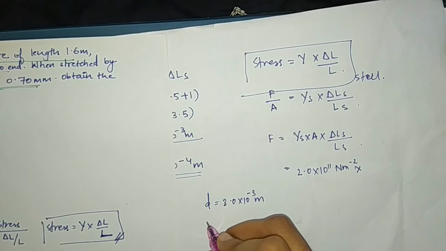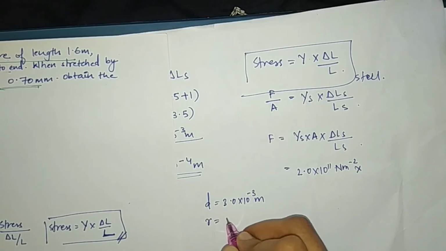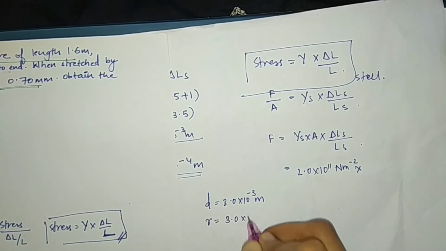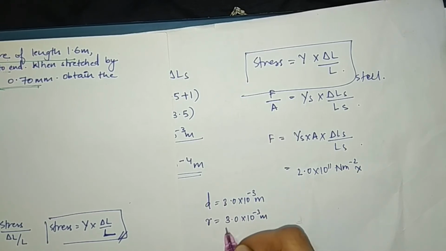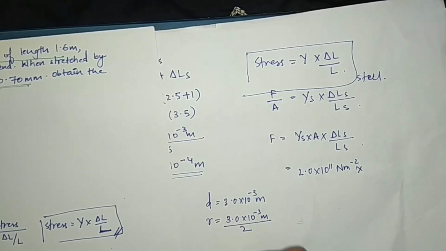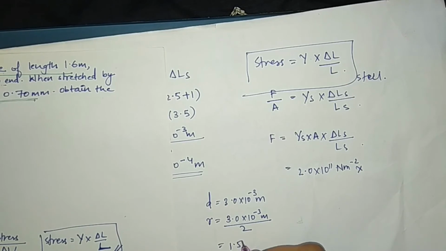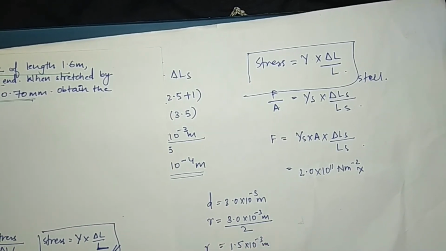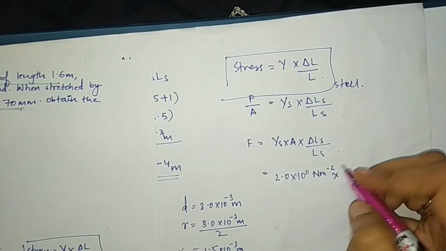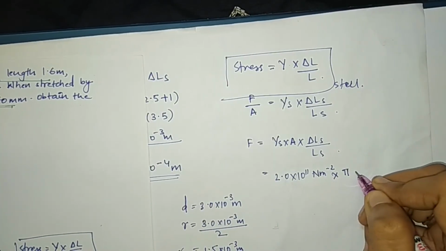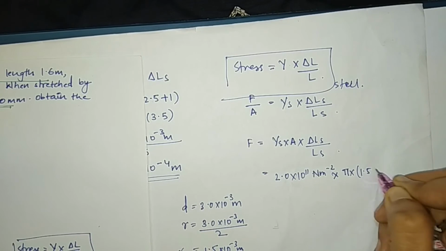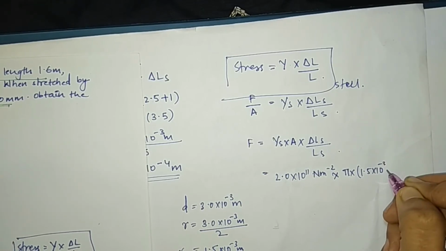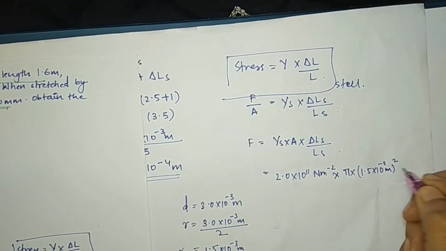So the radius will be half of it, 3.0 into 10 raised to minus 3 divided by 2. So it will be 1.5 into 10 raised to minus 3 meters radius. So the area will be pi r square, pi times the radius 1.5 into 10 raised to minus 3 meter, squared.